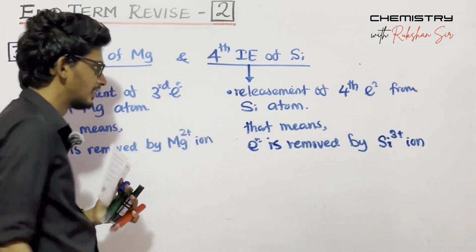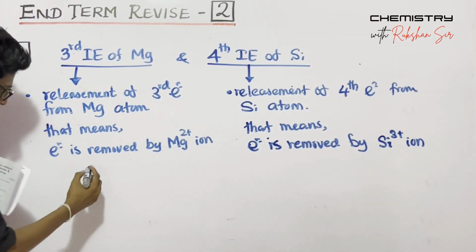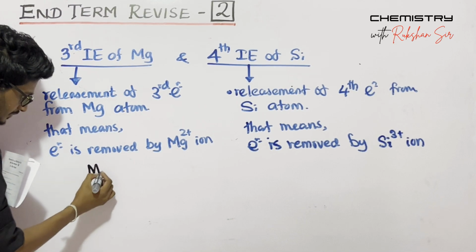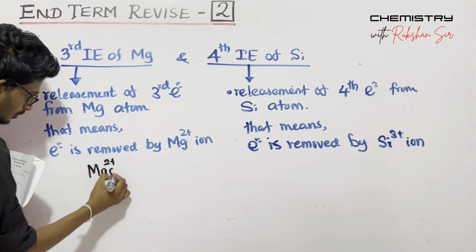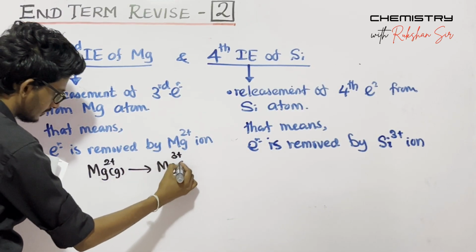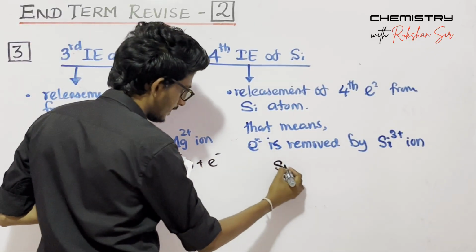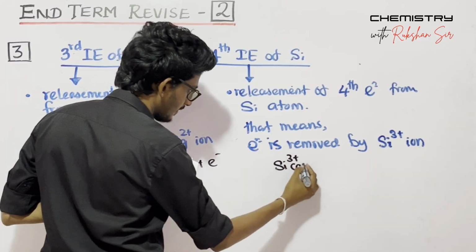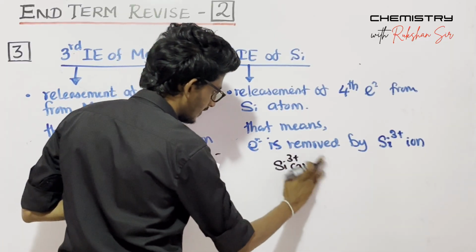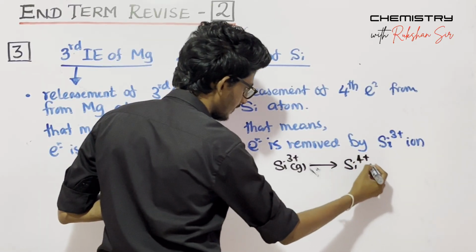So the ionization of magnesium is magnesium 2 plus releasing an electron to come up with magnesium 3 plus. Here it is silicon 3 plus releasing an electron to come up with silicon 4 plus.